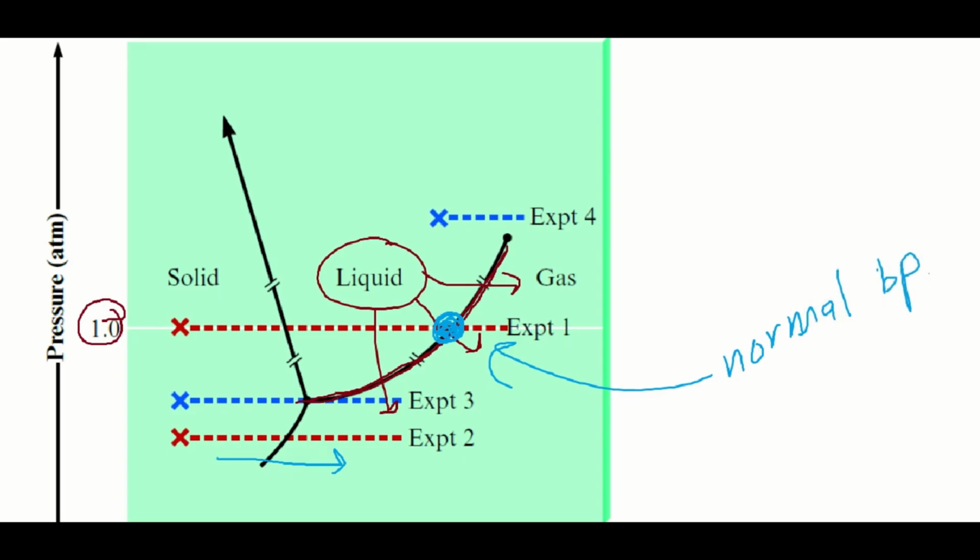It looks like this is water. Experiment 3 crosses the triple point, not the normal boiling point. Experiment number 4 doesn't cross any boiling point. Experiment 4 is occurring above the critical point. And above the critical point, there's no clear boundary between the liquid and gaseous phase.